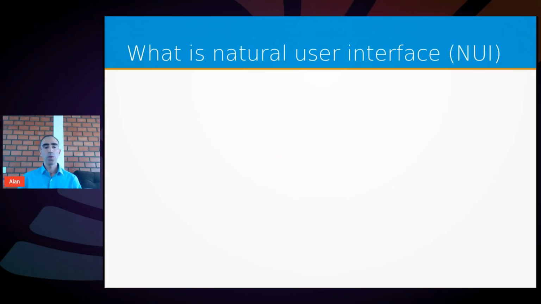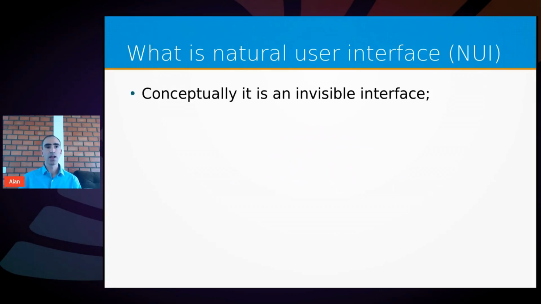First of all, what is a natural user interface? Conceptually, it's an invisible interface. That means we don't have some widget or physical button that the user will press or interact with.